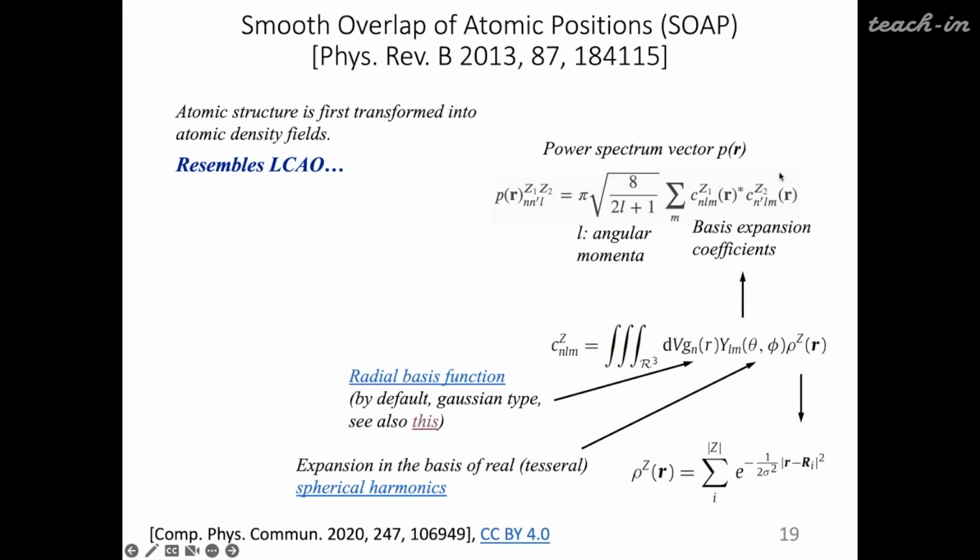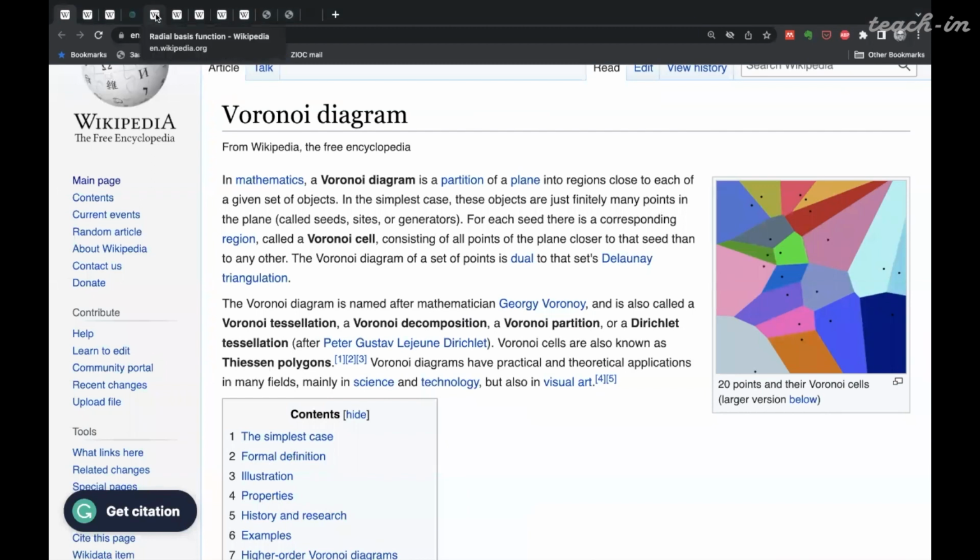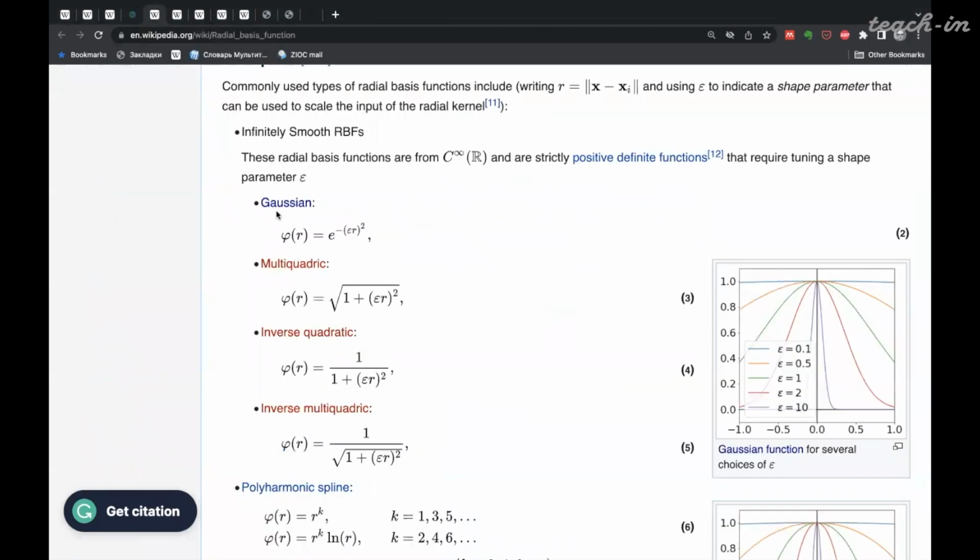So these coefficients consist basically of 3 parts. First of all, they include the so-called radial basis functions. By default, Gaussian basis functions are used. Here we can refer to this formula on Wikipedia.